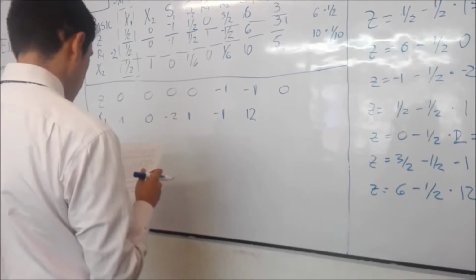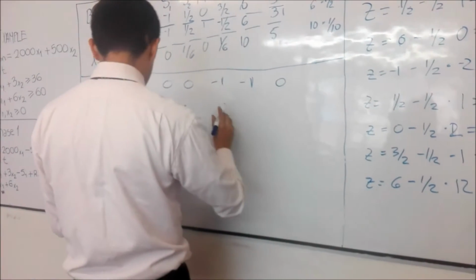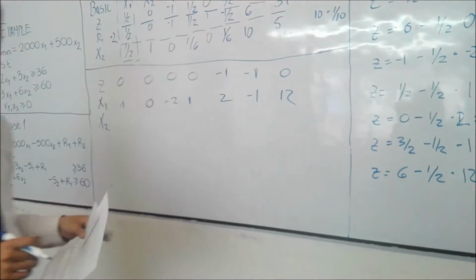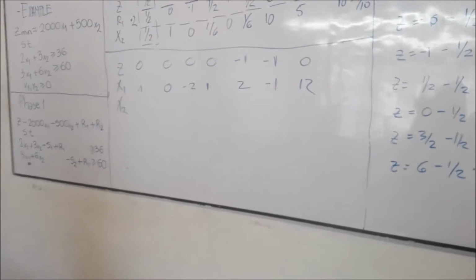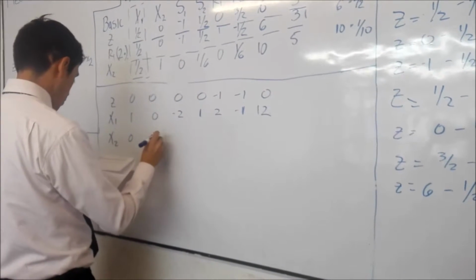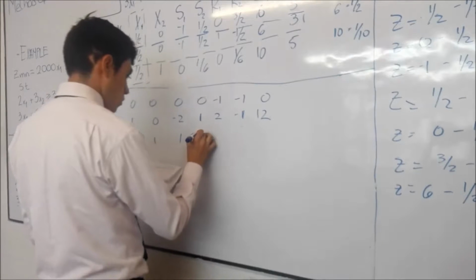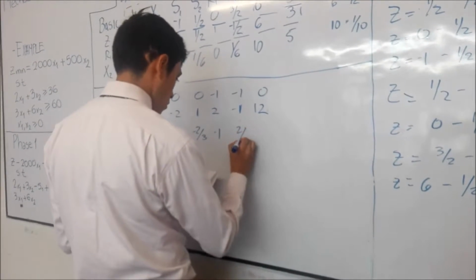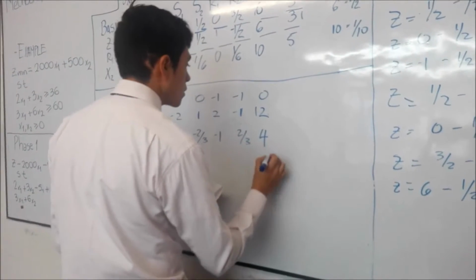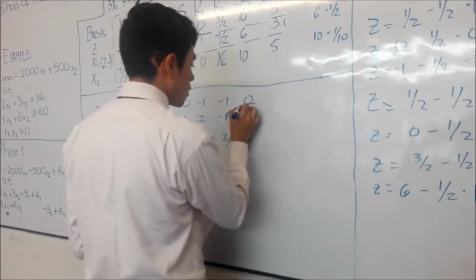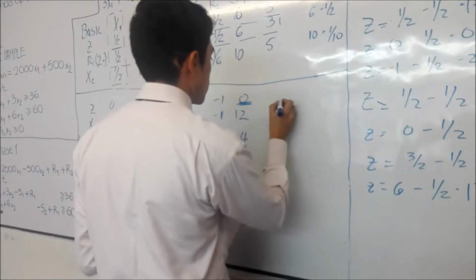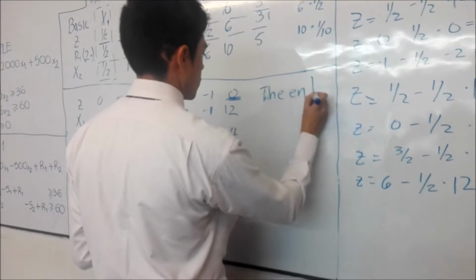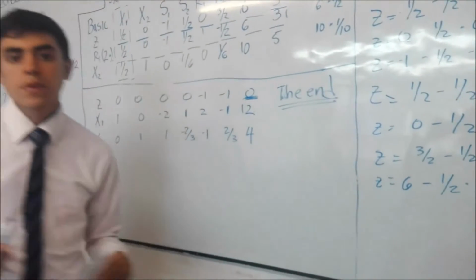But in the x2 result, x1 is 0, x2 is 1, s1 is 1, s2 is minus 2 over 3, r1 is minus 1, r2 is 2 over 3, solution 4. Here we finish phase 1 because the solution is 0. At this moment we can start phase 2.